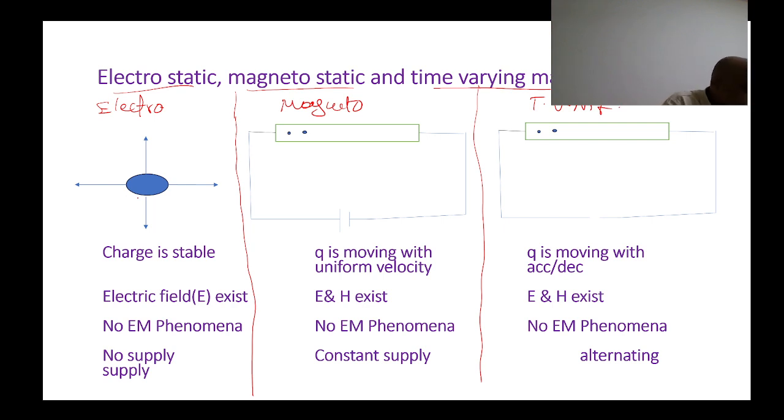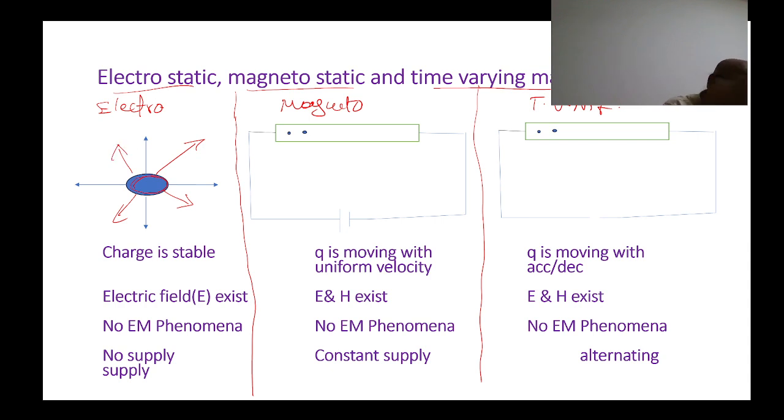Here I have simply taken a charged particle. If I have a charge, there exists an electric field. The electric field always diverges from the charge. If it is a positive charge, the electric field is diverging.